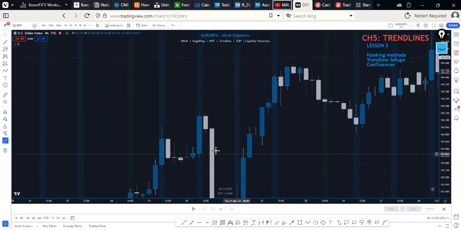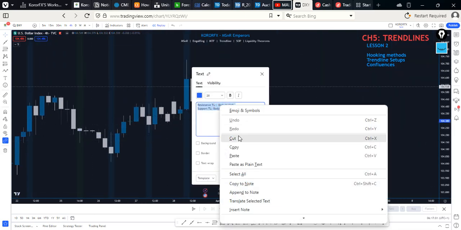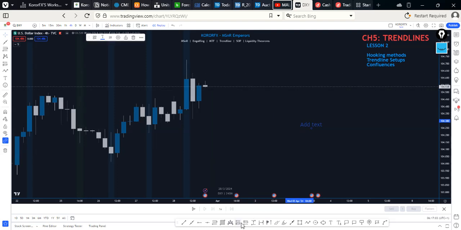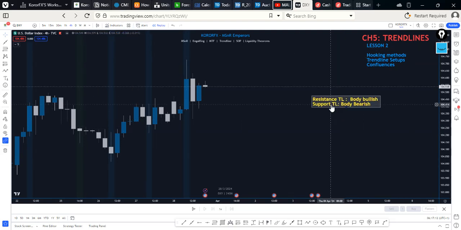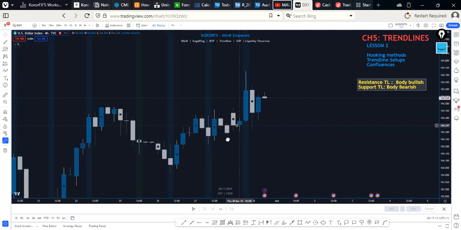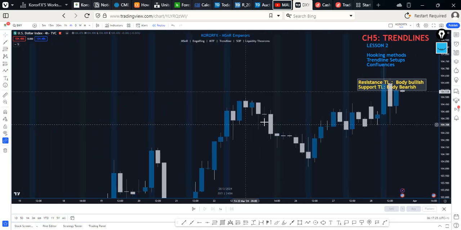Let us find some examples. If we focus on the body bullish, let me show you what I mean. Whenever we are making the body bullish, we are making a resistance.